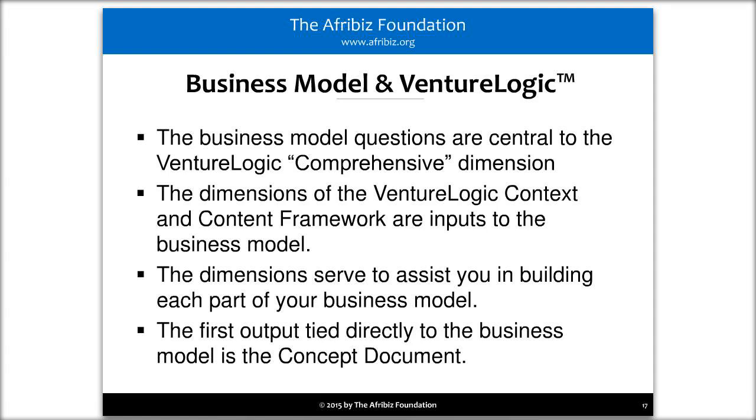And so if you compare the questions between what we've listed for the comprehensive dimension and the business model, you'll see that the key business model questions are actually embedded in the comprehensive questions, okay? So they're not separate. It's really the same list. For our purposes, comprehensive is an expansion of those key questions that are asked as it relates to a business model.